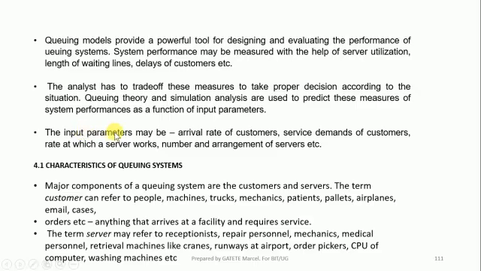The input parameters are the parameters which will be used to evaluate the performance of the system. It can be server utilization, the length of the waiting line, and the delays. So the input parameter can be this or this one. For example, the input parameter here will be the arrival rate of customers.